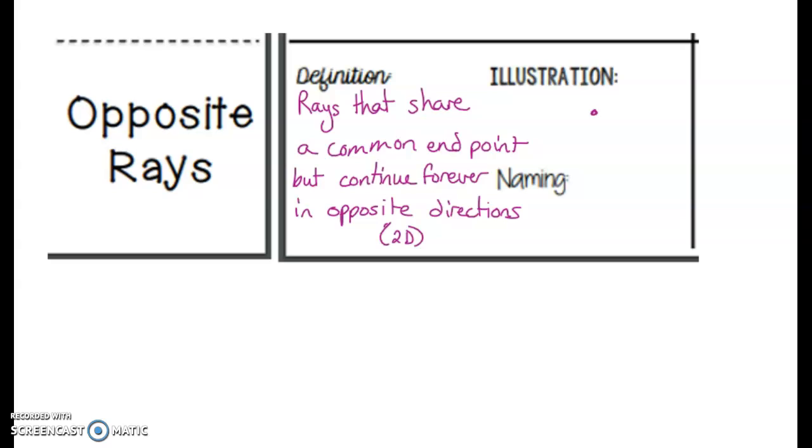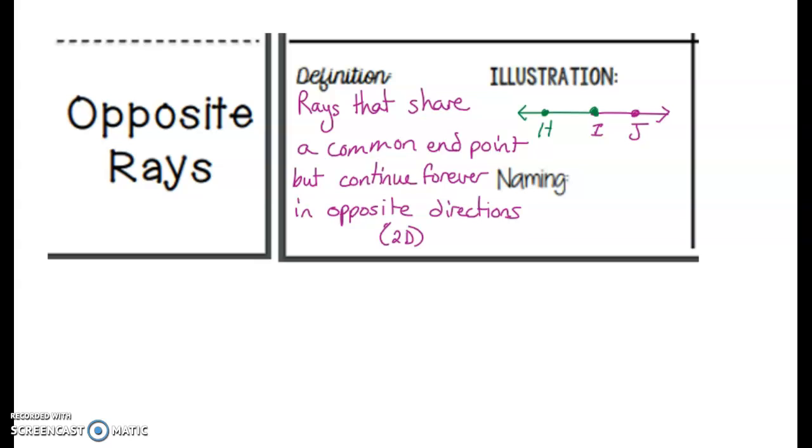So when you see this, it's like we have one ray over here. That's IJ. And then I'm going to switch colors just so you can see it. So then we have another ray, same endpoint, I, goes opposite, so it creates a line.